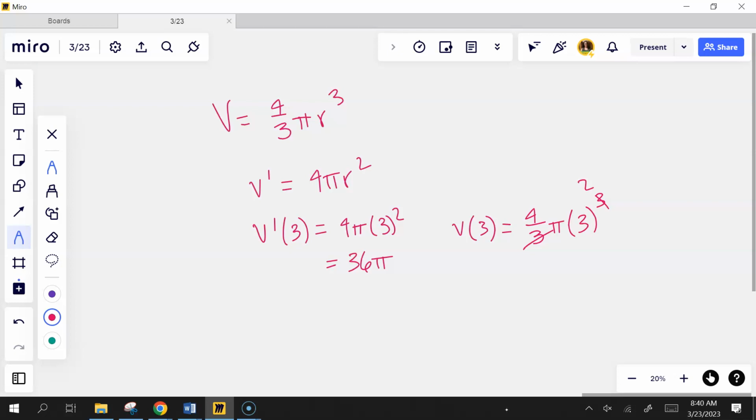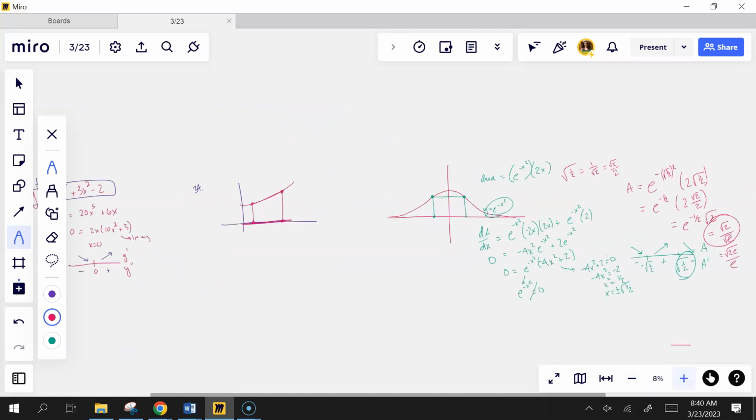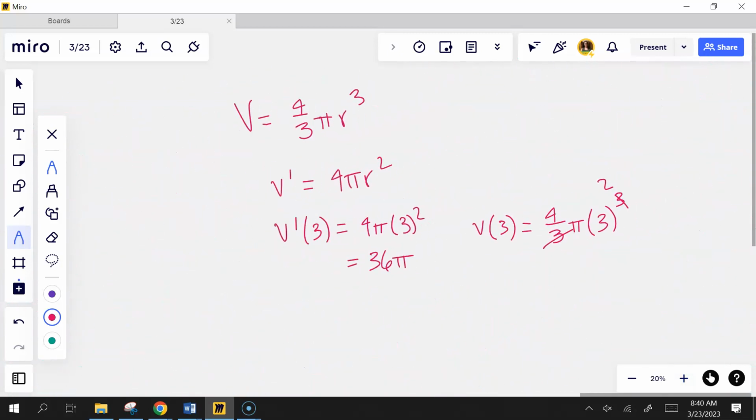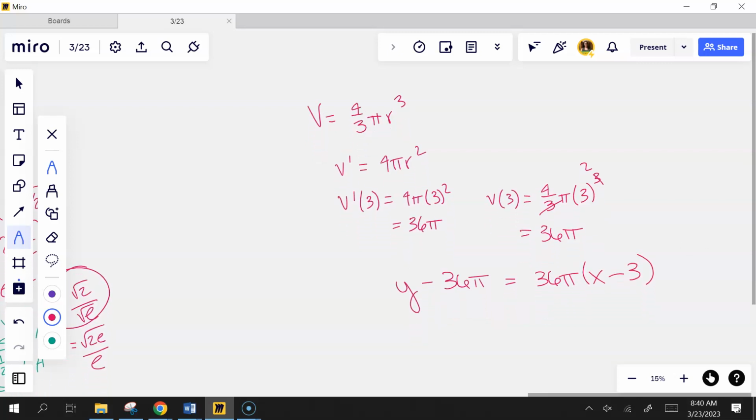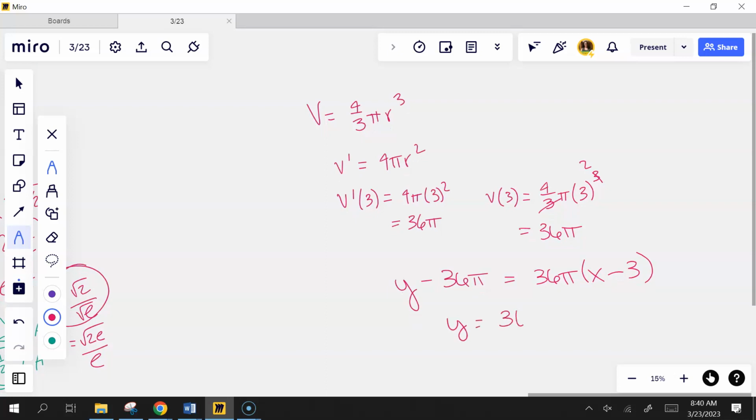How did I get the same thing? All right, so y minus y1 equals slope times x minus x1. What happens if I plug in 3.1 here?